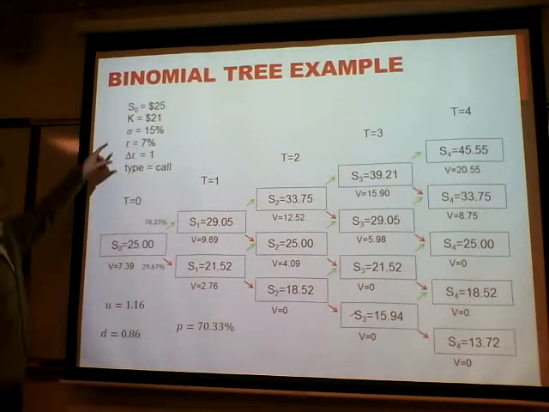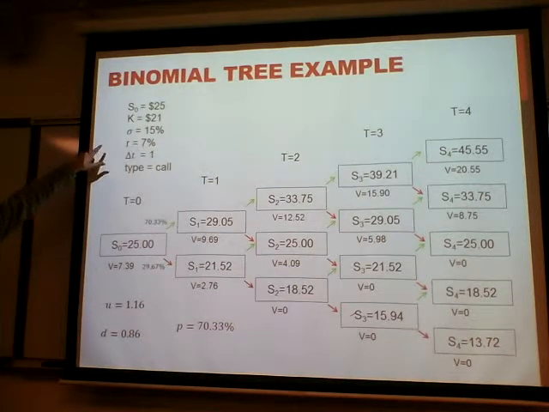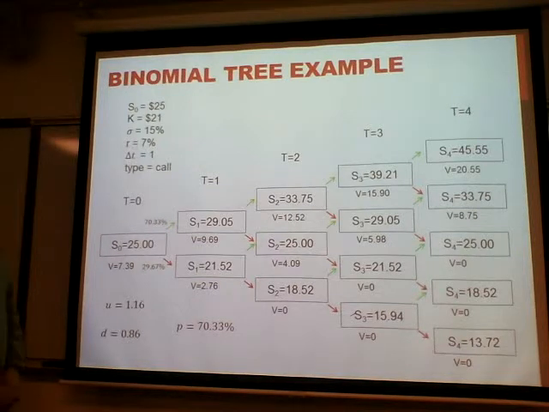So here we have the characteristics of the option. The initial price is going to be 25. Our strike price is 21. We have a volatility of 15%, a risk-free rate of 7%, a delta t of 1, and it's a call option.